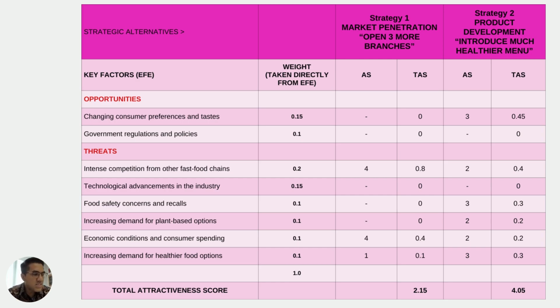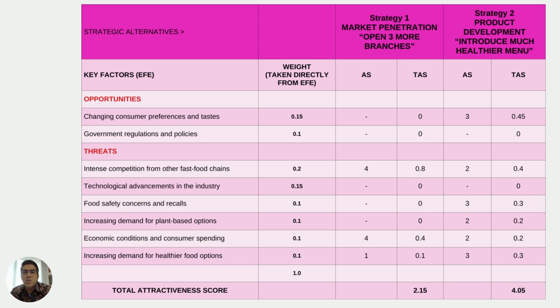So the final stage is for you to determine the sum of the total attractiveness score. Like I said, you need to add the total attractiveness score for each strategy column of the QSPM, and we have done that. This step will reveal which strategy is the most attractive in each set of alternatives. Higher scores indicate more attractive strategies by considering all the relevant internal and external factors.